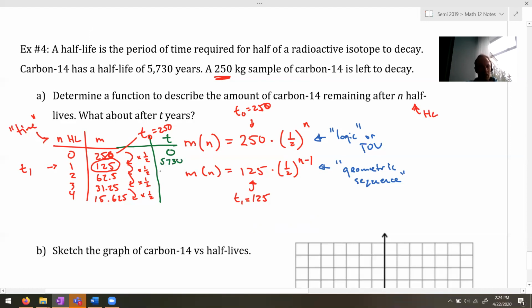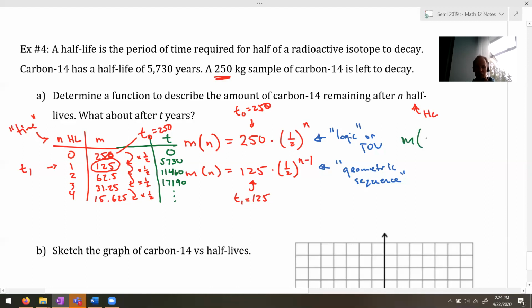Oh no, I'm going to have to do math again. After 2 half-lives, that's going to be 11,460, and then we're going to have to turn that into 17,190, I think.